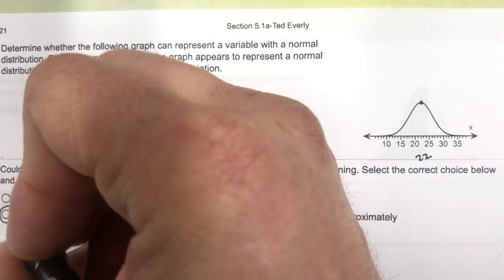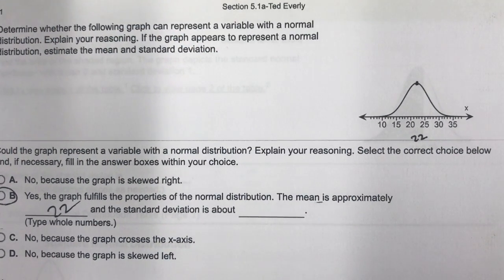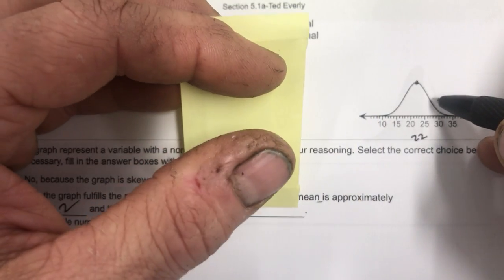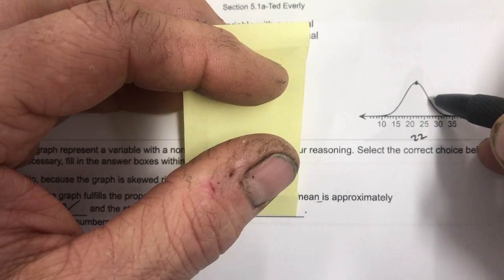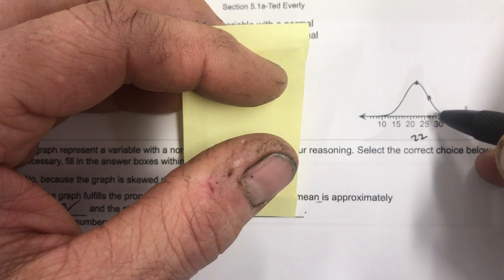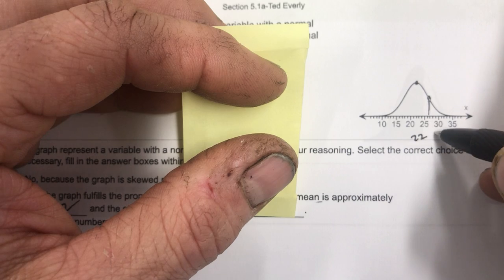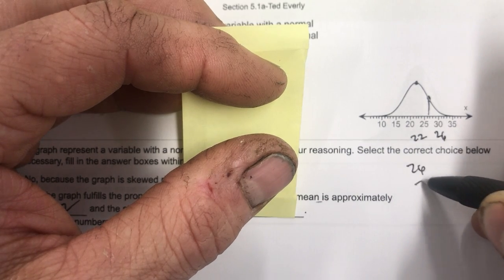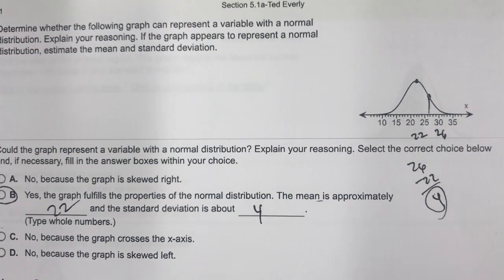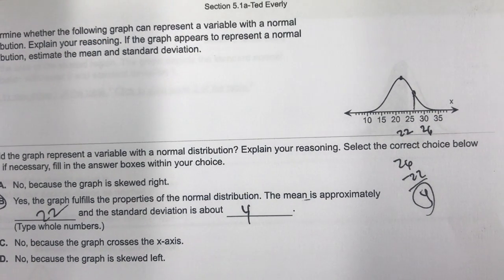I think it's yes, B. So the mean's 22. And the standard deviation, all right, now it looks like, let's see here. Like maybe right here, it stops going down and starts going up. So that's about 26. So if I do 26 minus 22, I get 4. And there's my standard deviation. It's about 4.